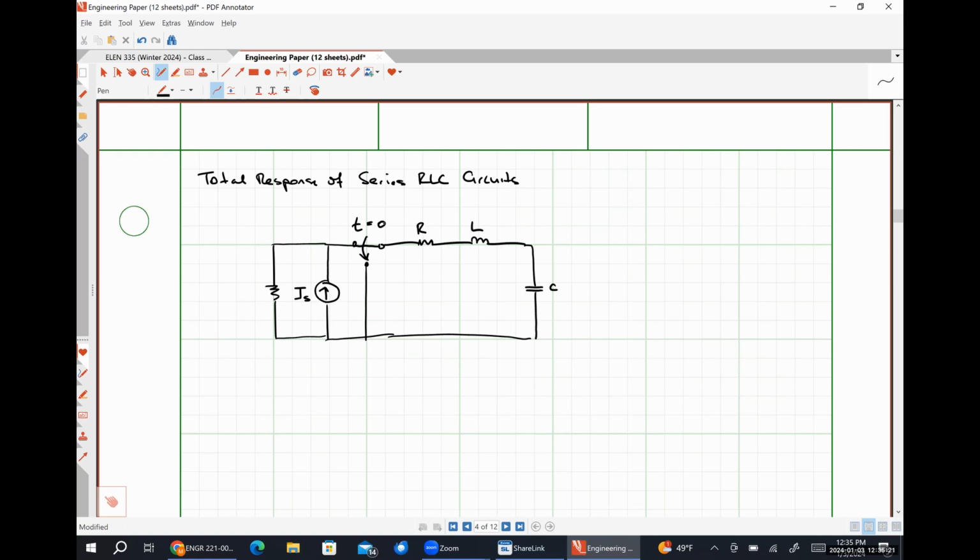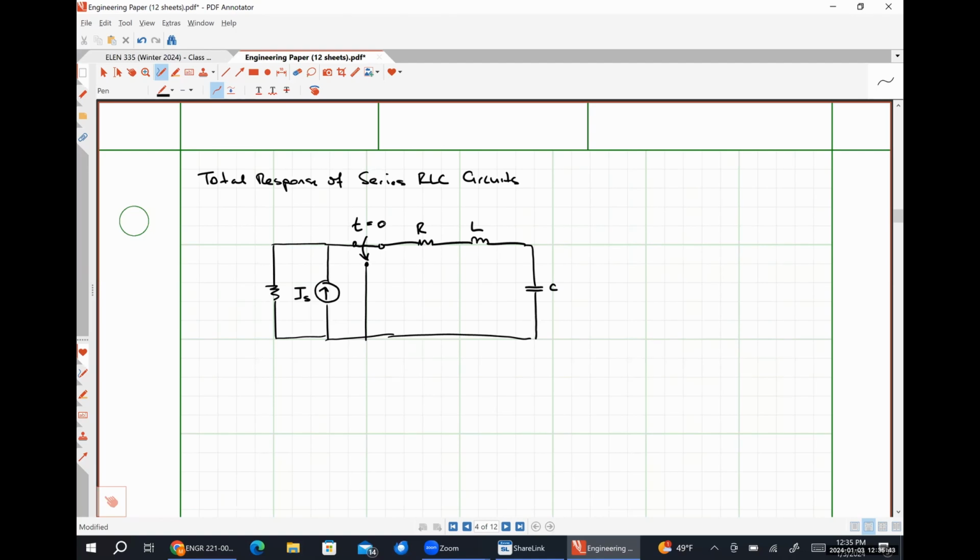where we should expect to see that some portion of IS flows through our resistor, which is in series with our inductor, which is in series with our capacitor. At DC steady state, because our inductor current is non-zero, our inductor will have some amount of stored energy.